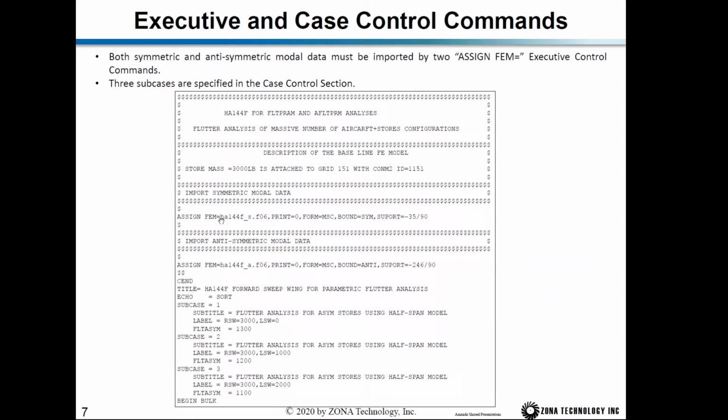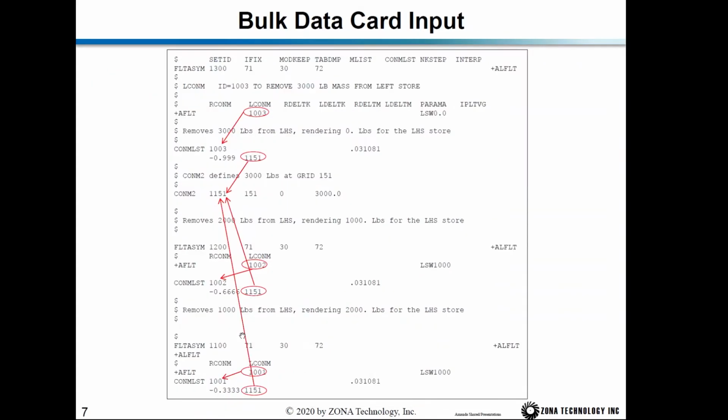So we use two ASSIGN FVM executive control commands to import the symmetric modes and anti-symmetric modes, and we have three subcases. Each one refers to a FLUTTER ASYM card. For the first FLUTTER ASYM card, we want to keep 30 modes, and we want to include some sort of damping. And then on the left-hand side, this entry refers to a content list.